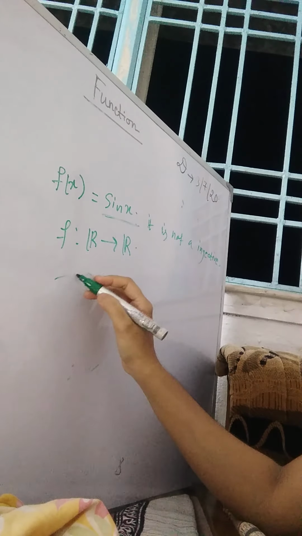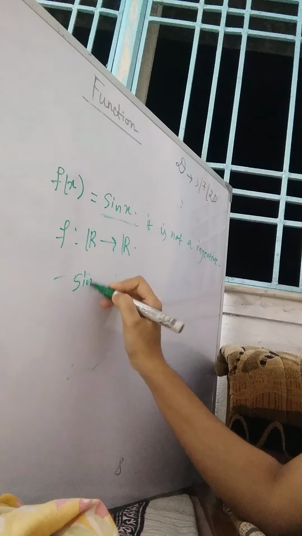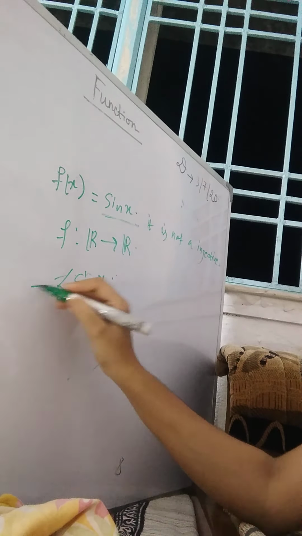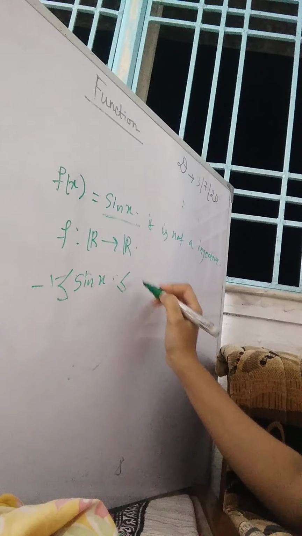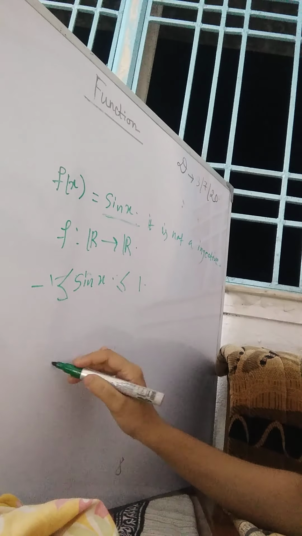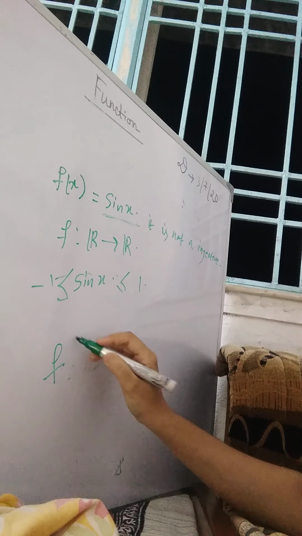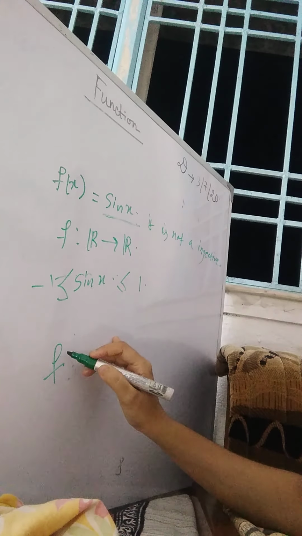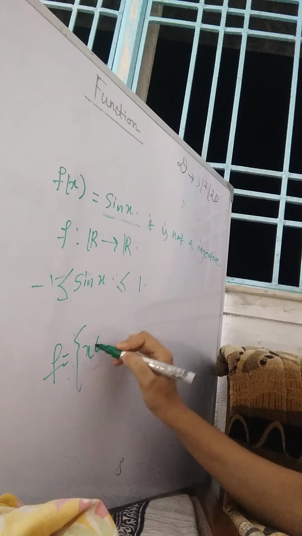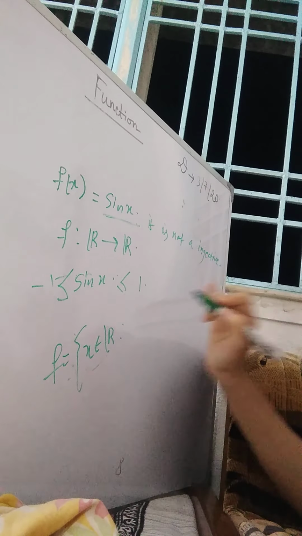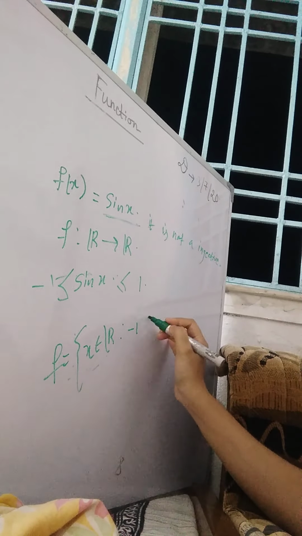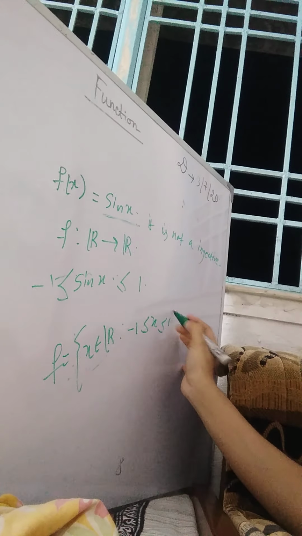The range of sin x is -1 less than or equal to sin x less than or equal to 1. That means for the function f of x, where x belongs to R, the values satisfy -1 less than or equal to f of x less than or equal to 1.